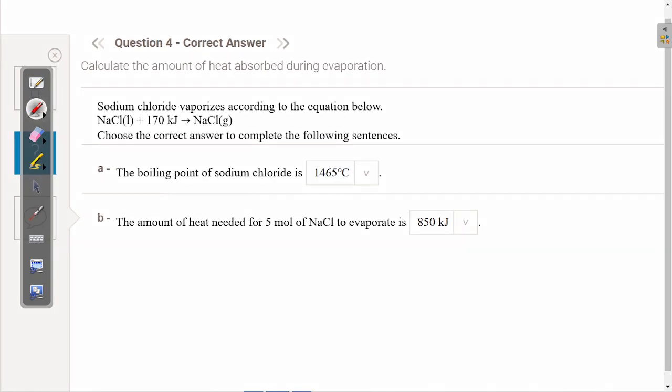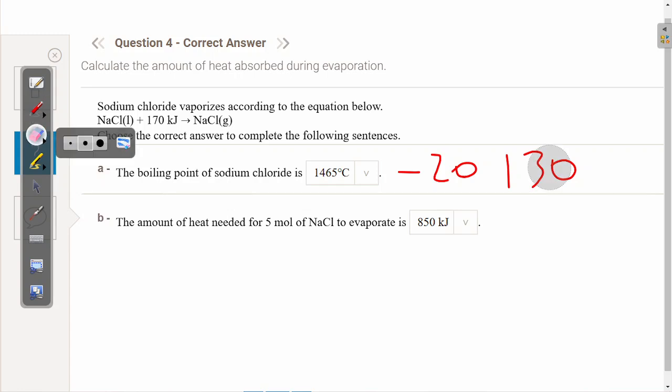So you know it by process of elimination. In the choices they give you like negative 20 or something and 130 I think. So from these you just choose the highest, because you know NaCl is an ionic solid, and ionic solids always have high melting points. So you just choose the highest one, which is 1465.